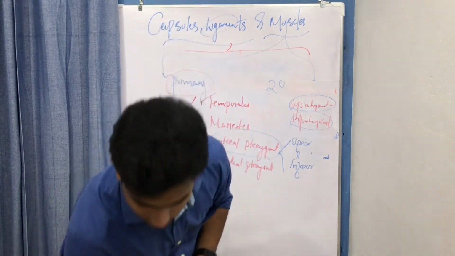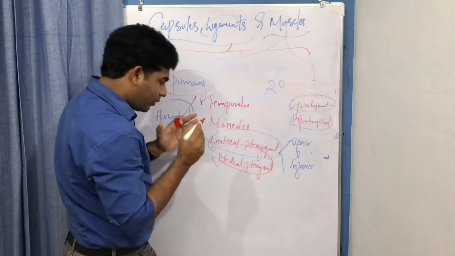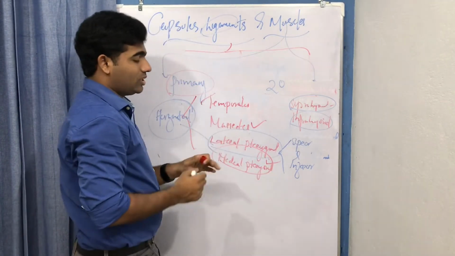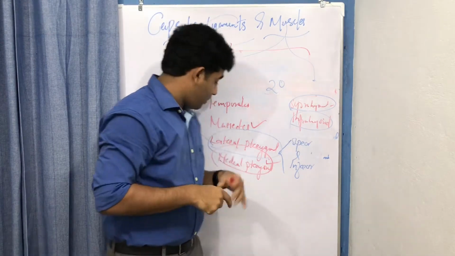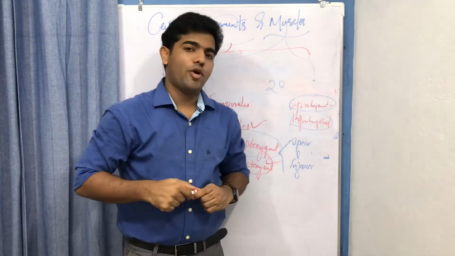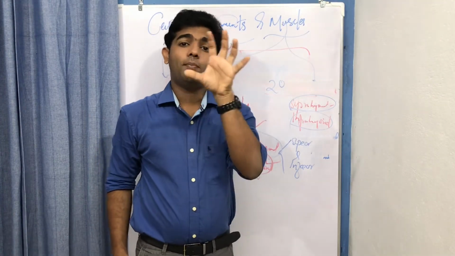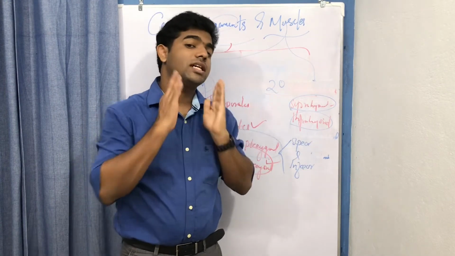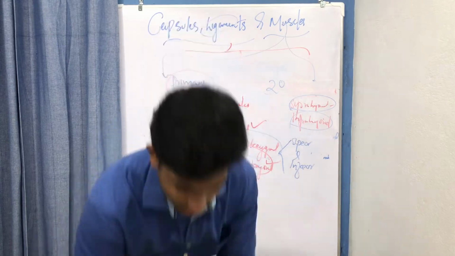And finally, we have the last muscle, the medial pterygoid muscle. One of the unique features is that the line of action of these two muscles is the same. This one is seen outside, this one is seen inside, that is the medial pterygoid muscle. Same orientation. It arises from the pterygoid plate of the sphenoid bone, or just remember sphenoid bone, and is inserted into the ramus of the mandible near its angle. I'll show you.